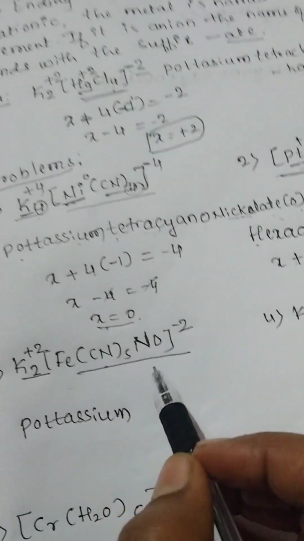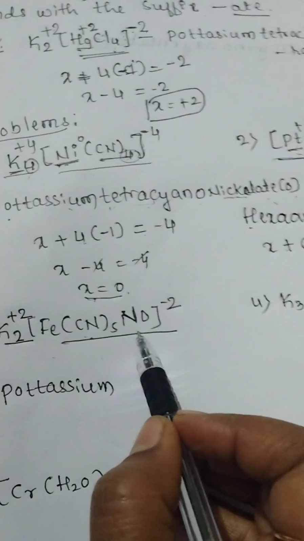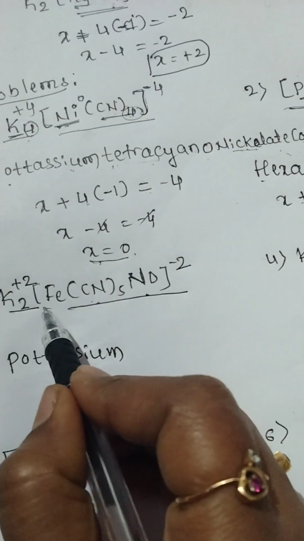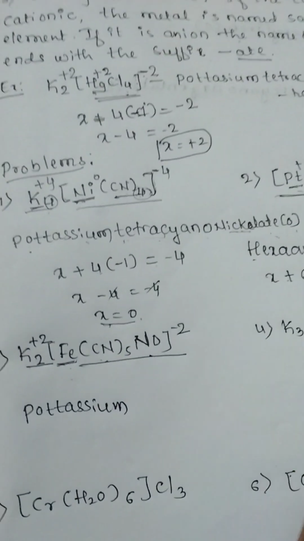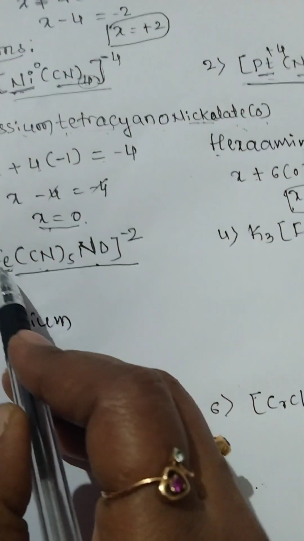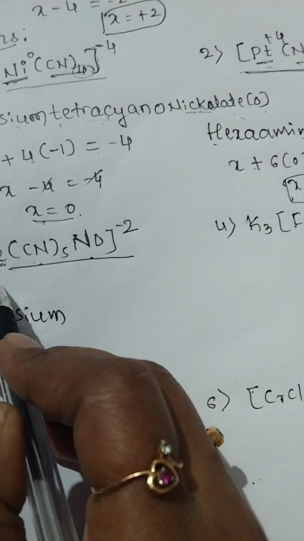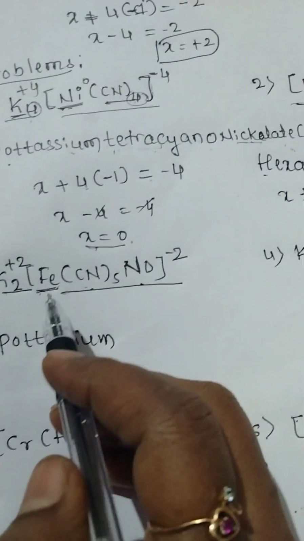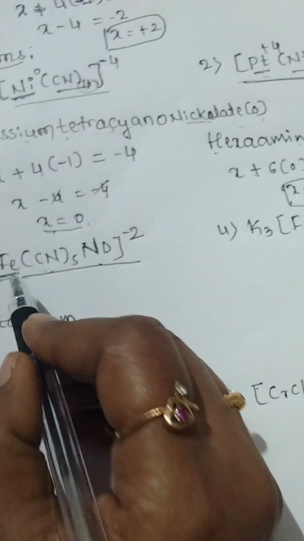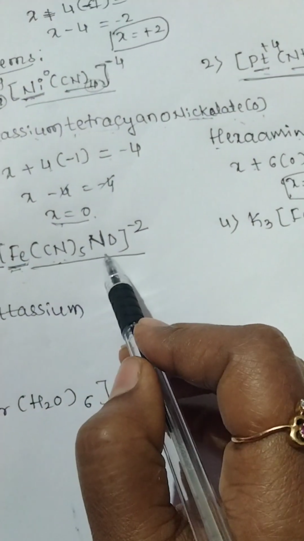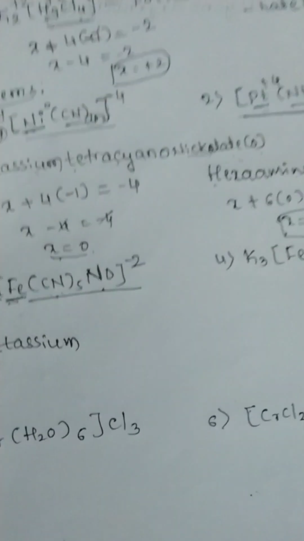Now how many ligands are present here? I have already told you the central metal's place is always fixed. It is located at the corner of the coordination sphere, so it is the central metal. How many ligands are present here? There are 2 ligands present.